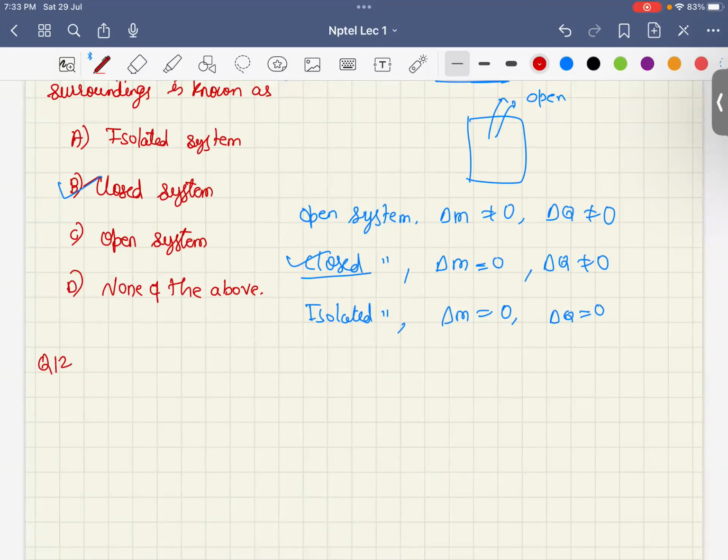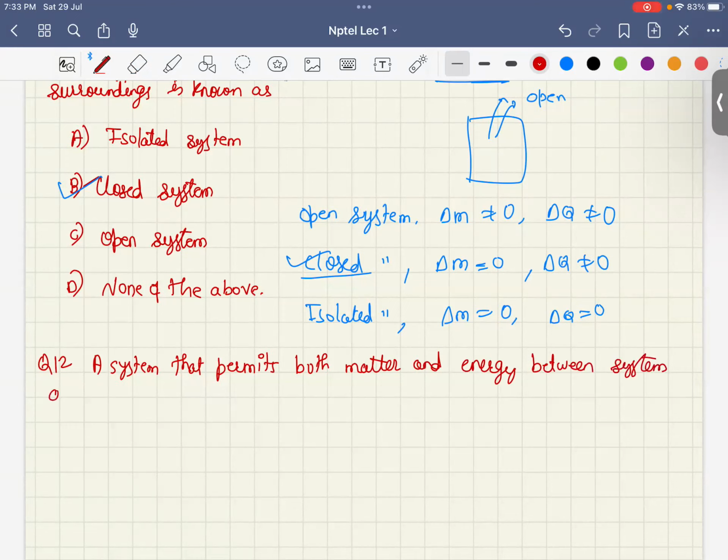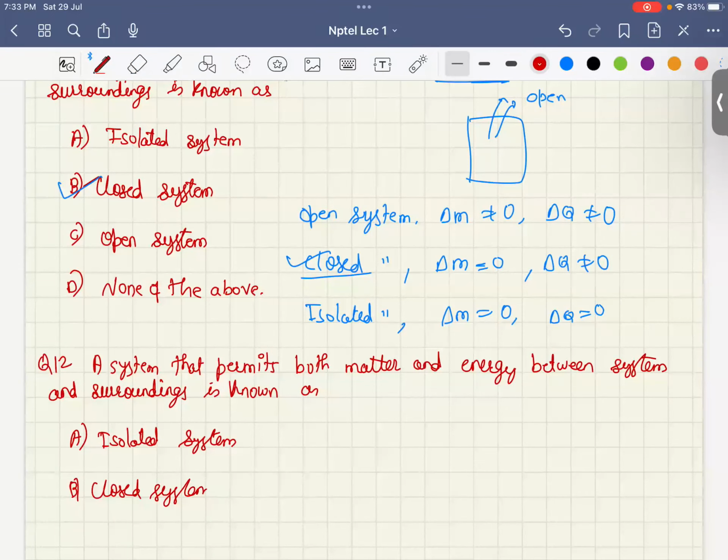Question number 12. A system that permits both matter and energy transfer between system and surroundings is known as, again the same options: isolated system, closed system, open system, and D, none of the above.